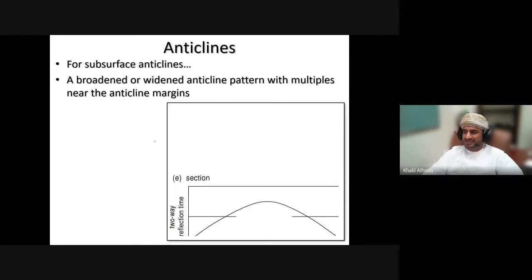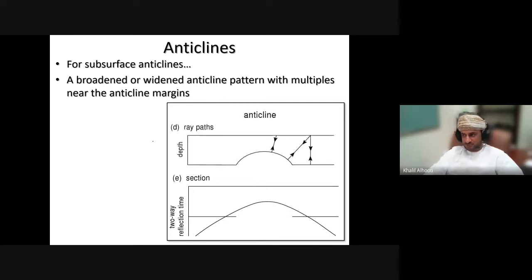What about anticlines? How do they look in seismic sections? If I have an anticline, this is an anticline. That's what I will see. In some places, for example here, I will receive 2 different reflections. So here, this is the trace. It will appear something like that. I received 2 different.